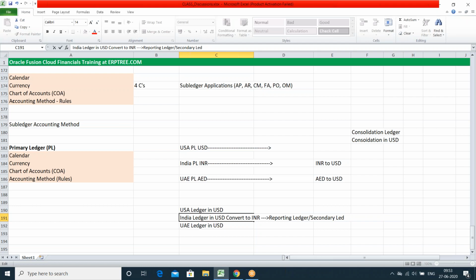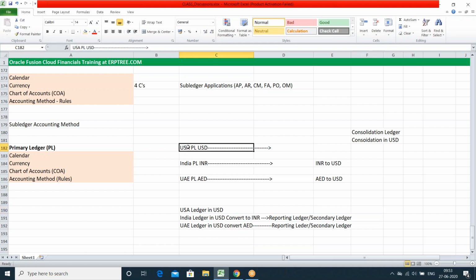Here separately they have to maintain. They'll use the reporting ledger or secondary ledger. Now here also they'll convert USD to AED. So they'll use the reporting ledger or secondary ledger.